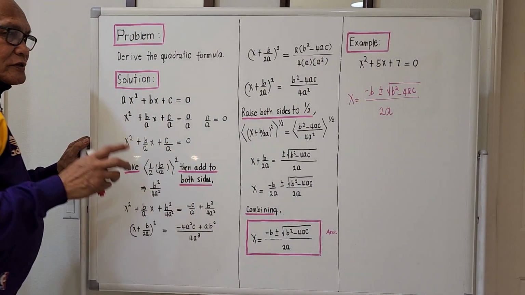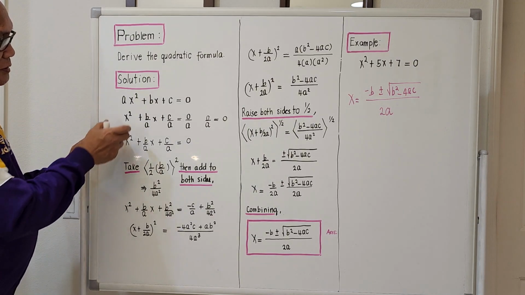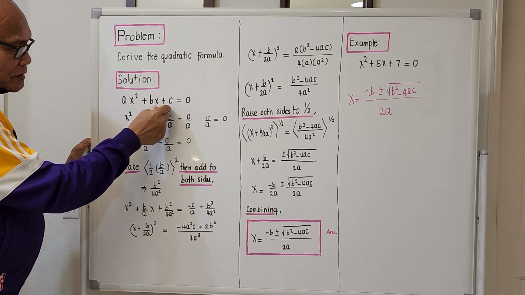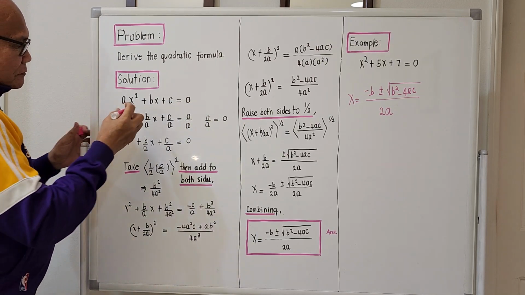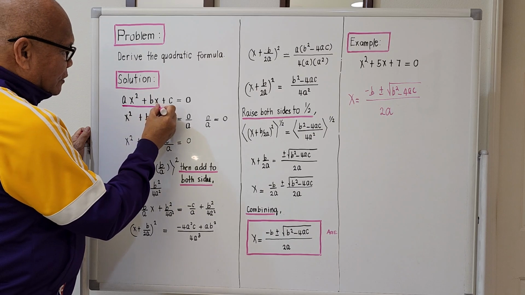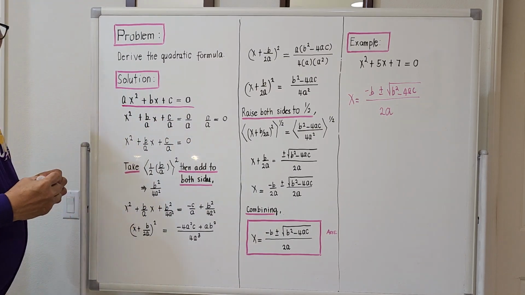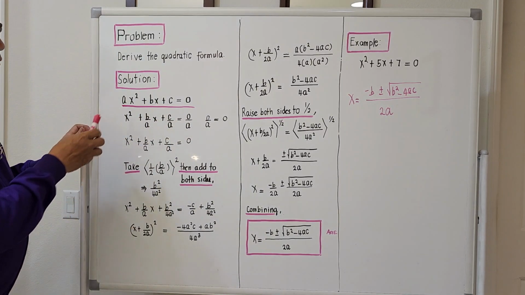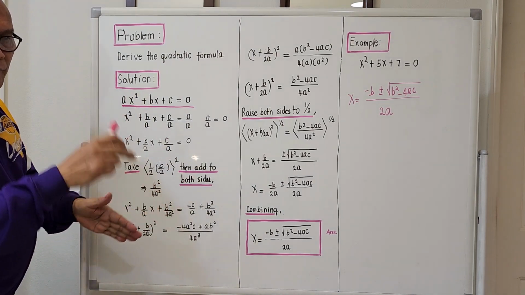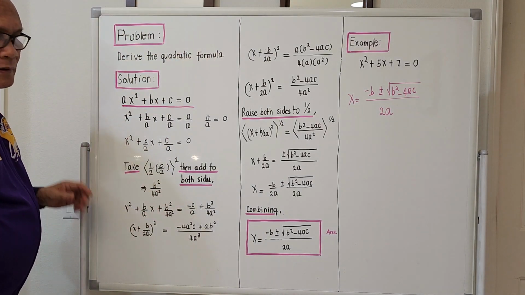The given general form of the quadratic equation is actually ax squared plus bx plus c equal to 0. This is the quadratic equation. Why quadratic? The highest power of x is actually 2, and quadratic refers to the power 2.